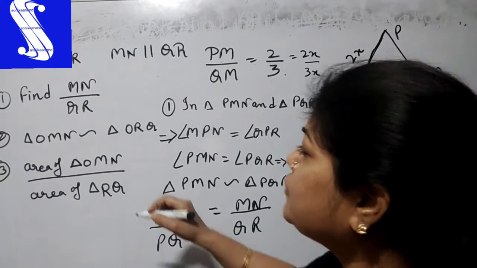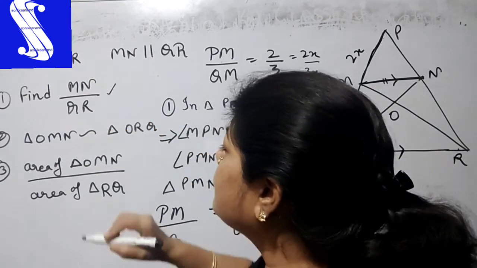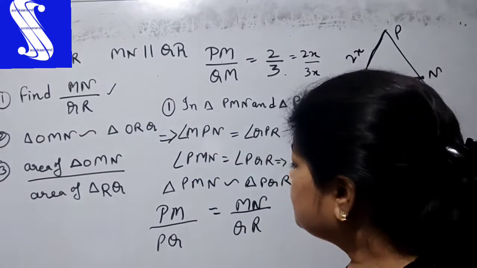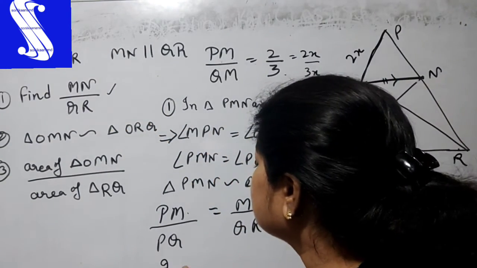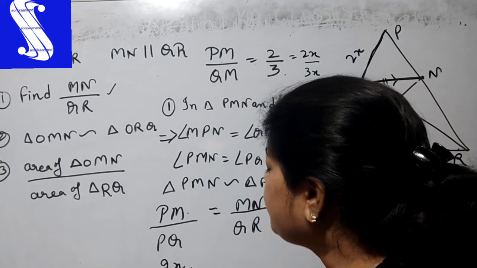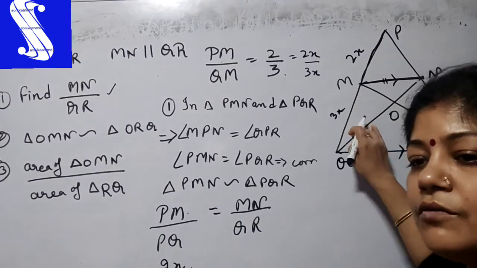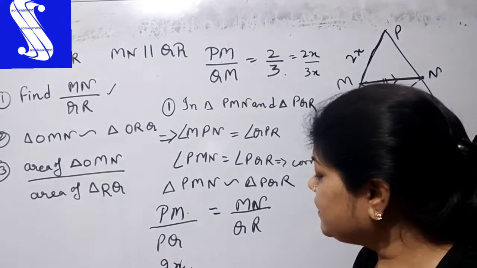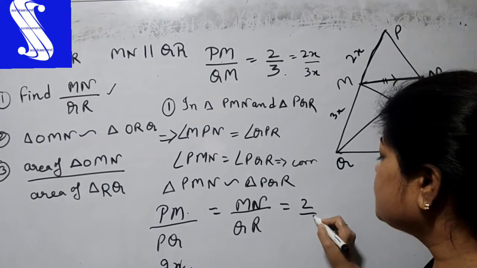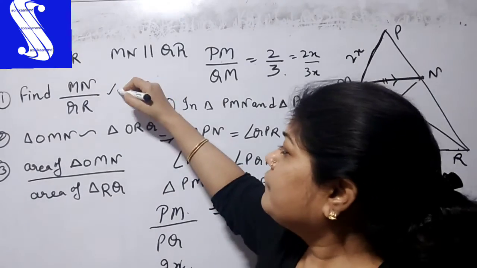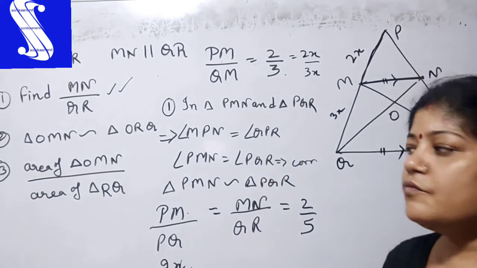So actually, we have to find MN over QR. So what is the value of PM? It is 2x. And what is the value of PQ? It is 5x. Because 3 and 2, 5x. So what is the ratio? The ratio is 2:5. The first answer is 2:5.